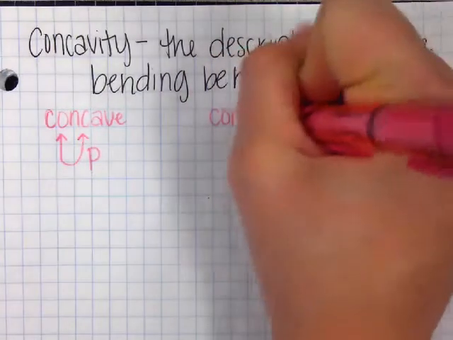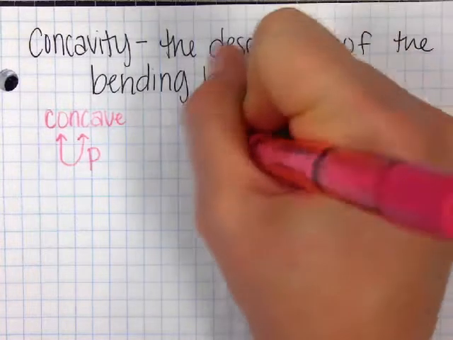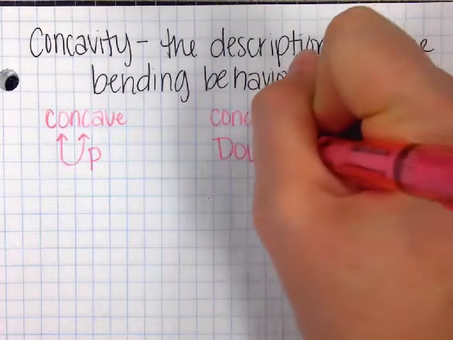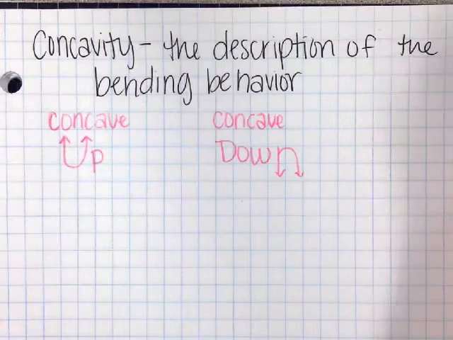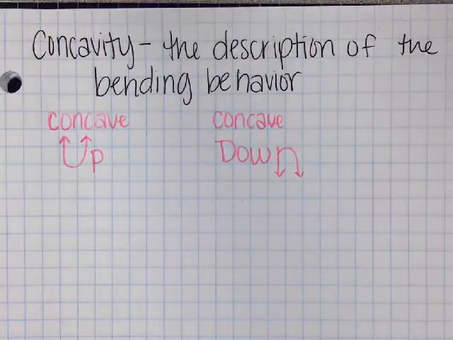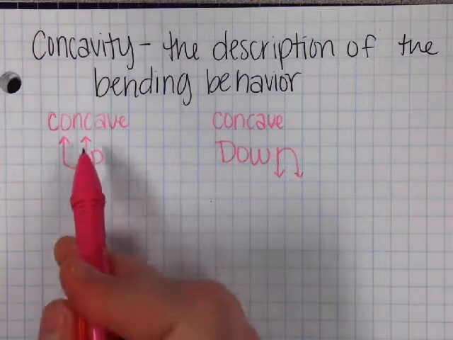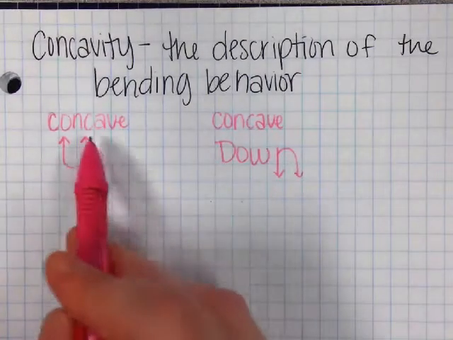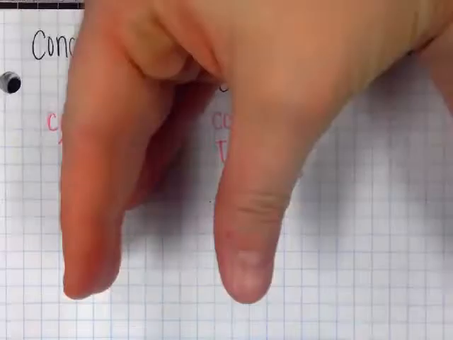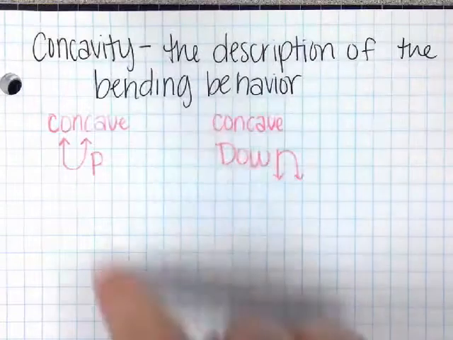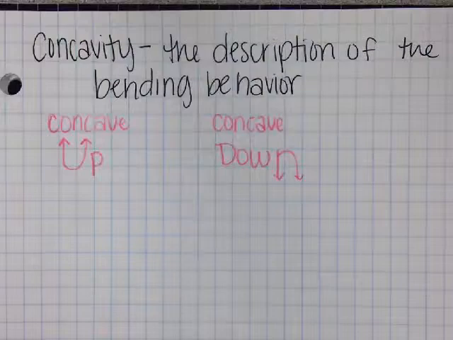Concave down, concave down like a frown. So concave up is just when it's facing up like this. Concave down is whenever it's down like that.